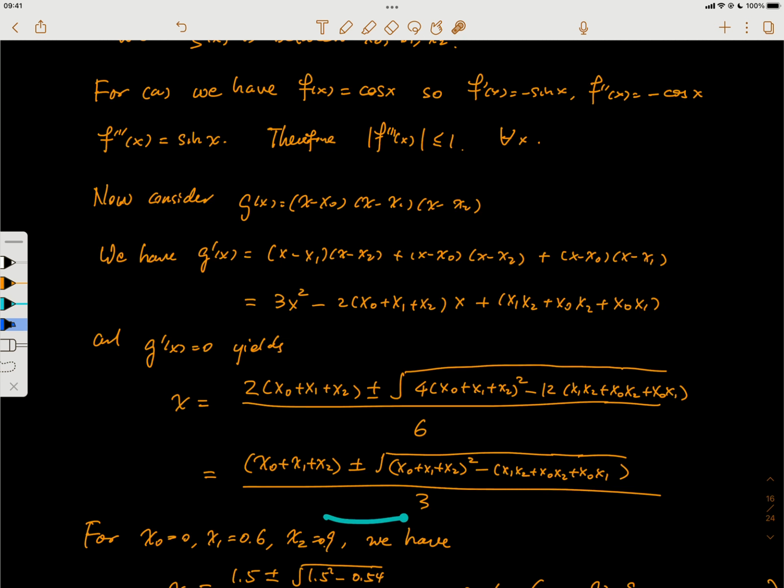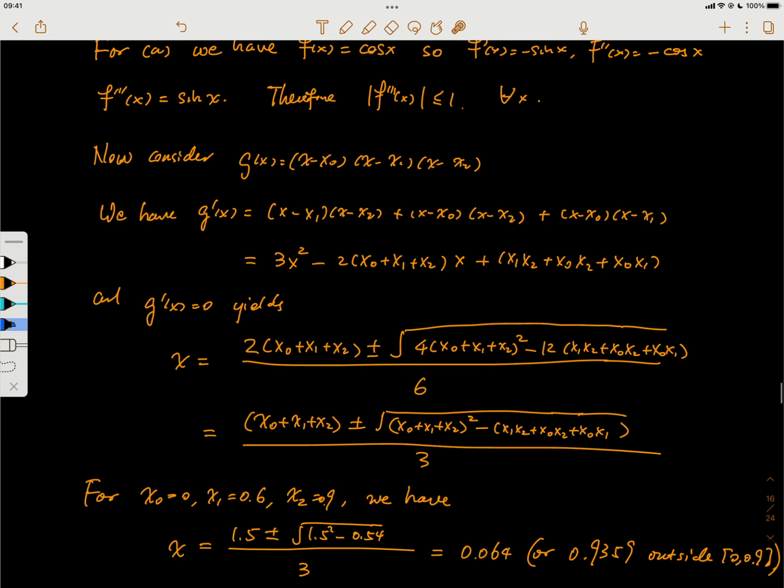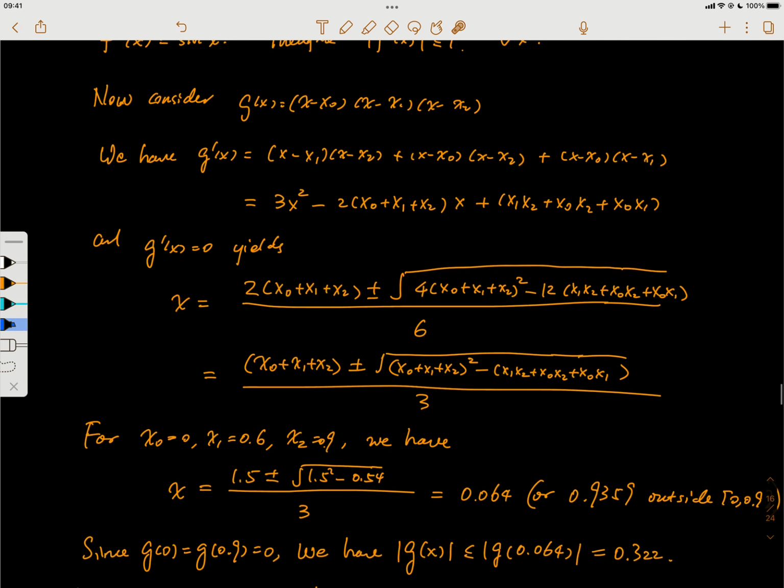Then you plug in the 3 points x0, x1, x2 and you figure out what x is equal to. There are 2 roots because of the plus minus, but one root is outside the range from x0 to x2. x2 is 0.9, so that root is outside and we don't care about it.